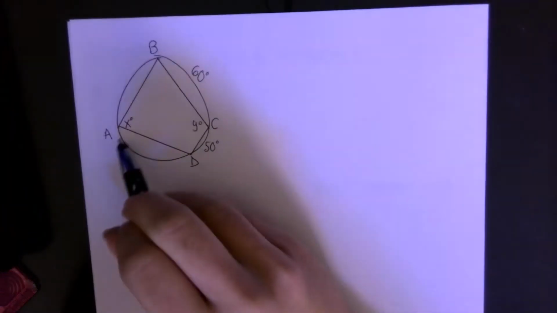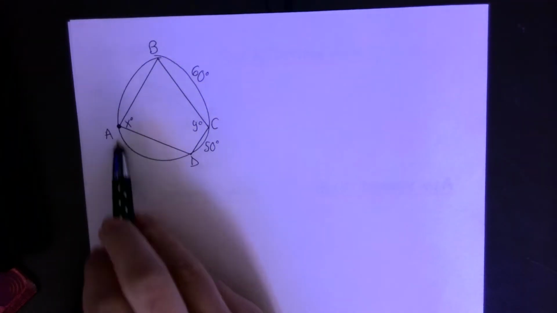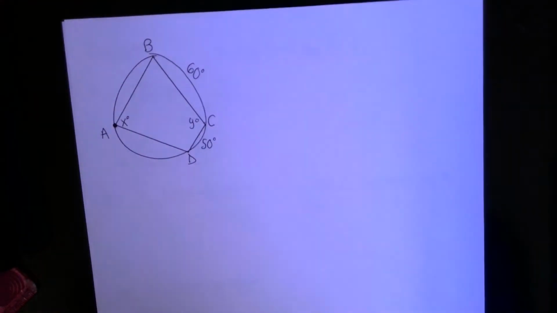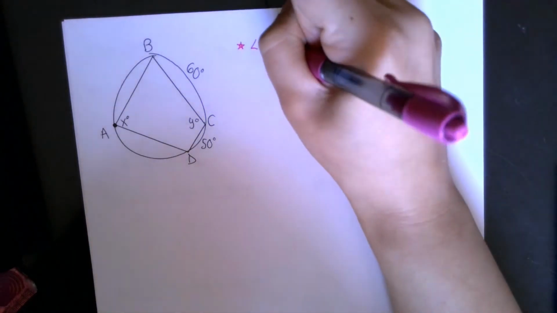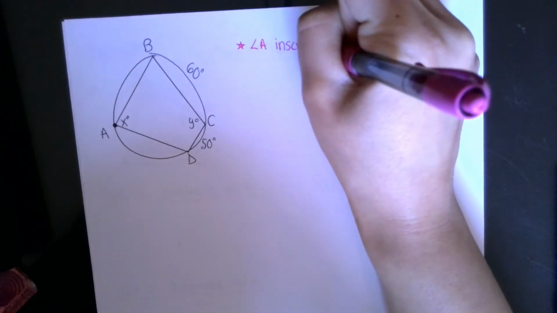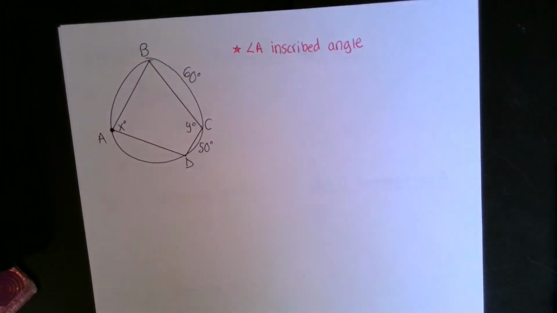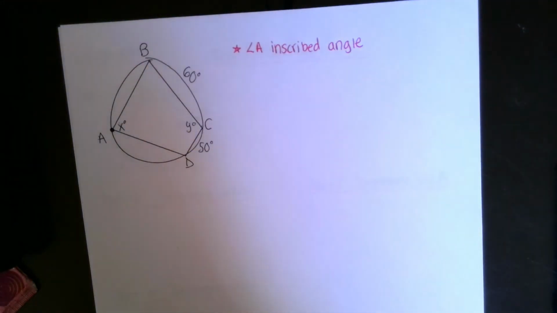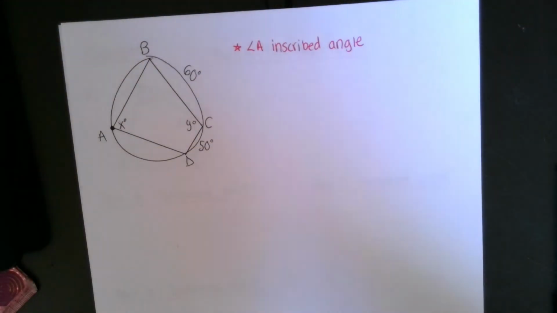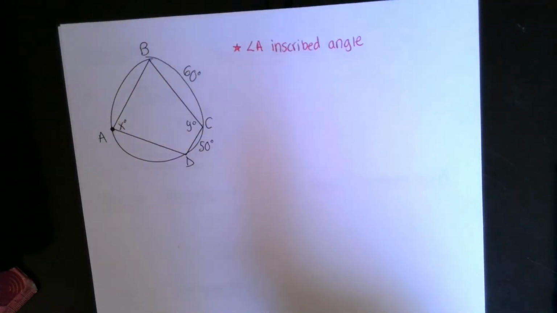So angle A is an inscribed angle because the vertex of this angle lies on the circumference of a circle. And what do we know about inscribed angles? Half of the intercepted arc will give you the angle's value, which was in the notes and what we discussed previously.